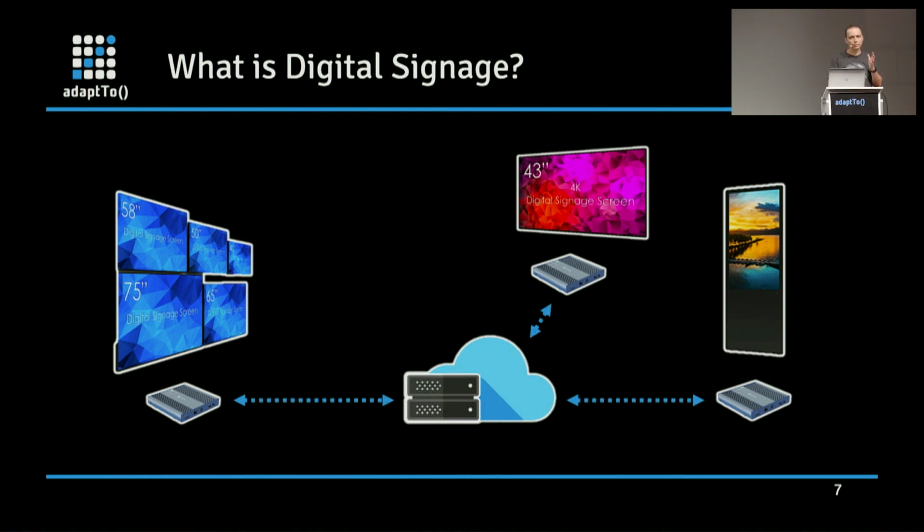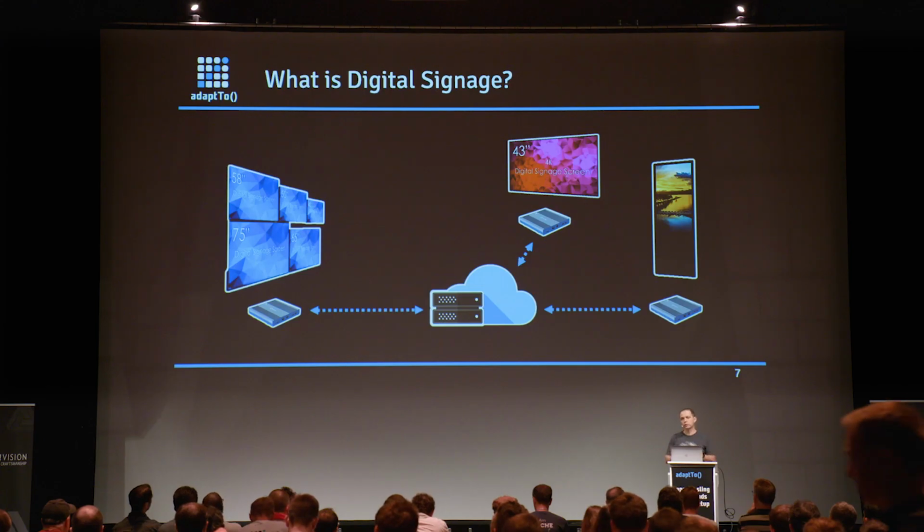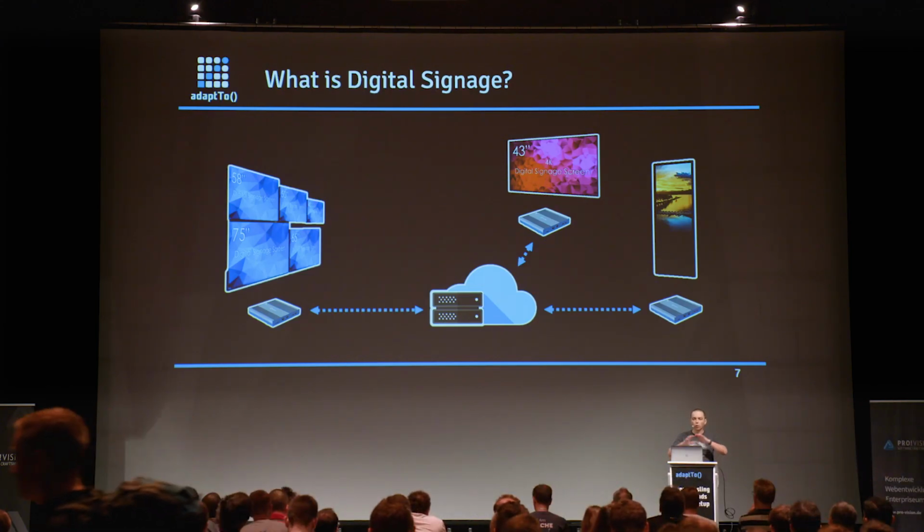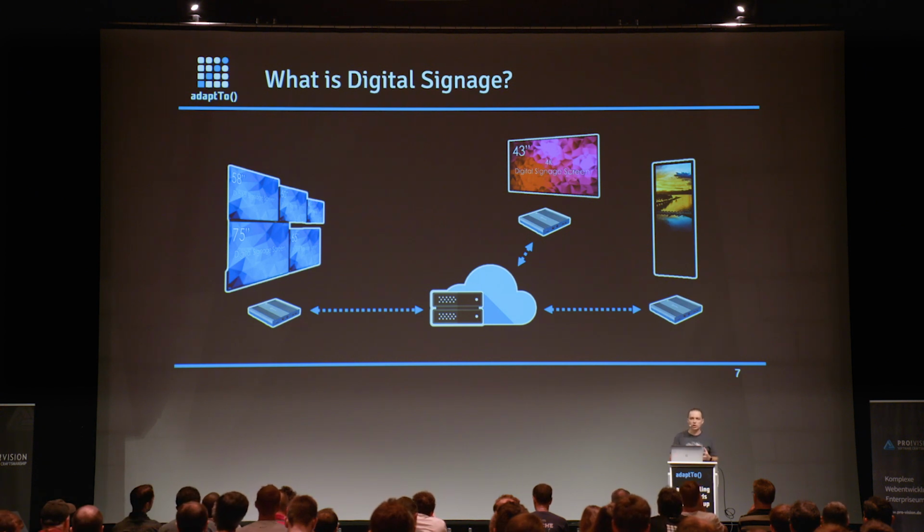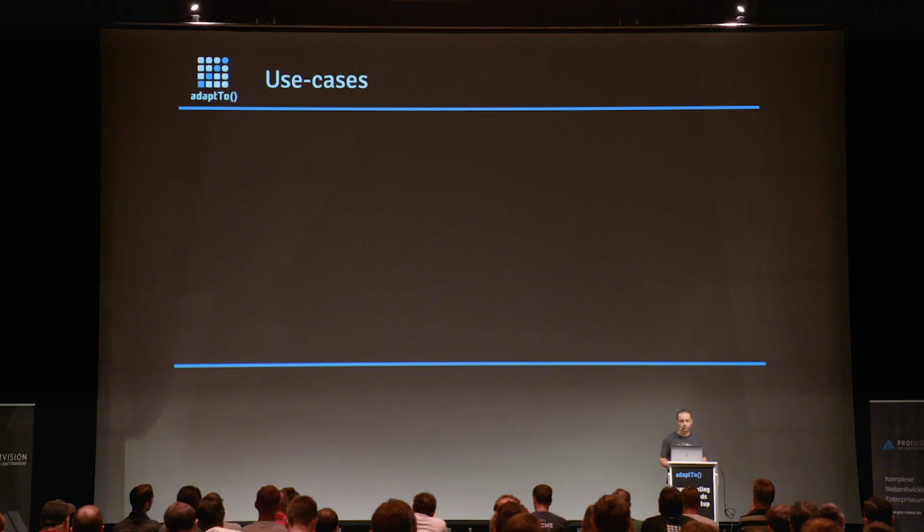Each one has a little computer unit capable of rendering high-definition content, and it's either built-in if it's a smart panel, or mostly it's an external unit. And all of them are connected to a central server so that the whole network is centrally managed, and every screen is individually addressable.